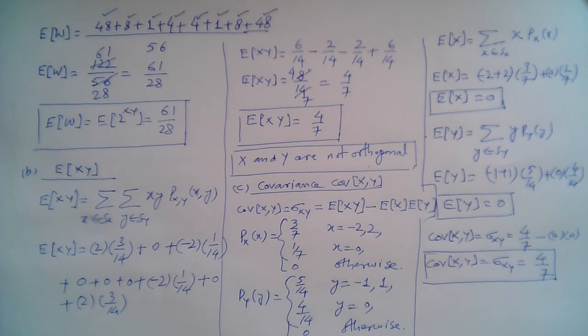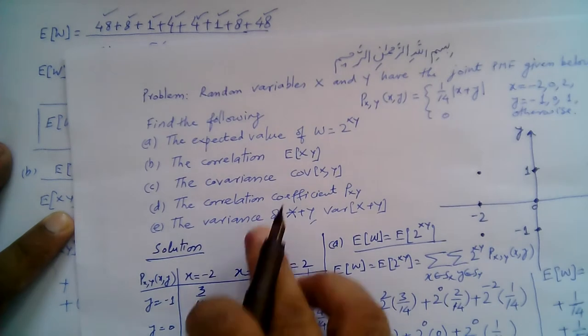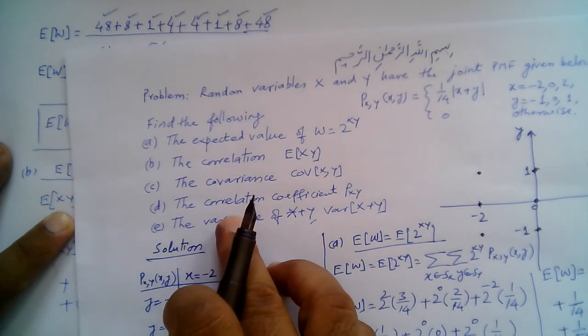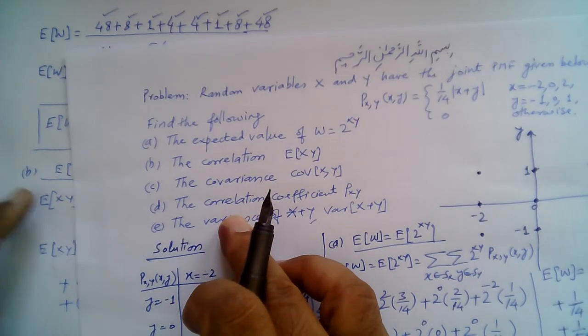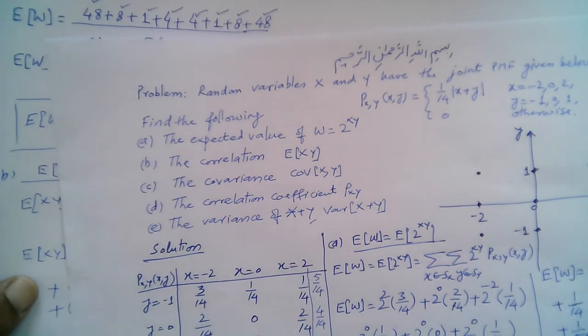Right? So it means that we now have part C solved. Now let's find the correlation coefficient of x and y, which should be easy to calculate from the covariance, right?